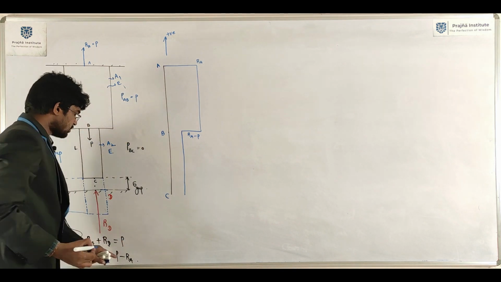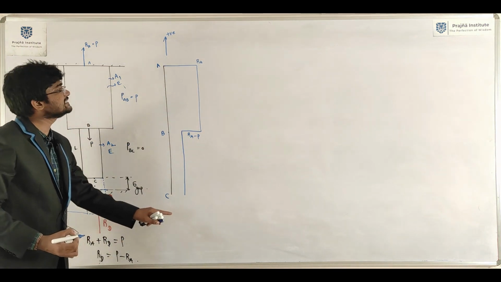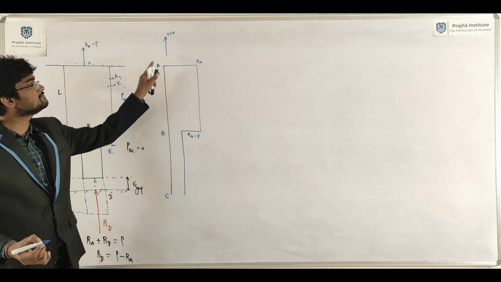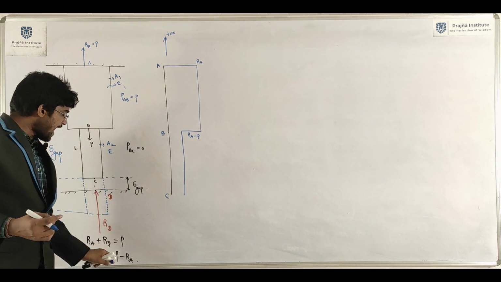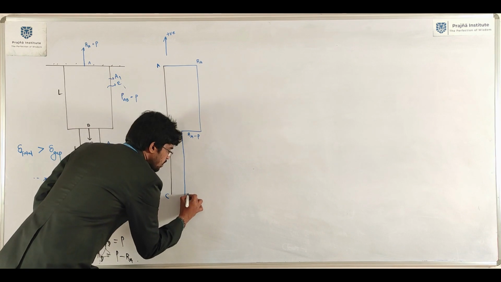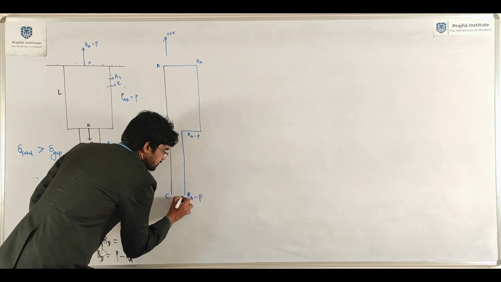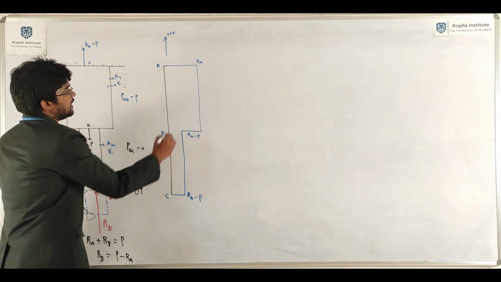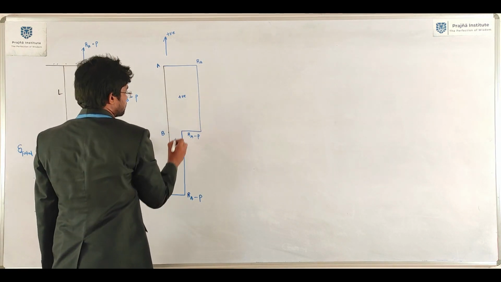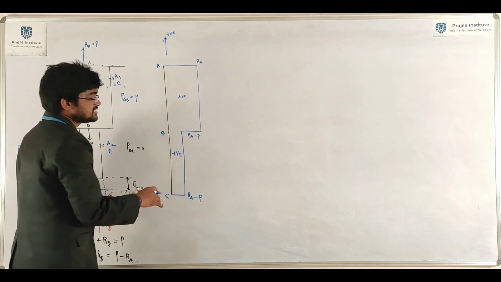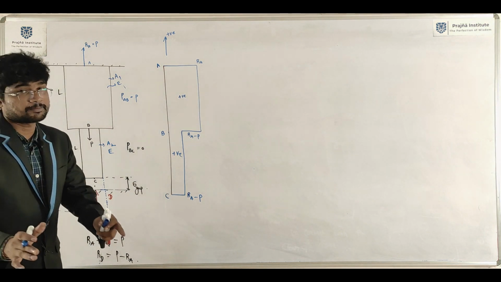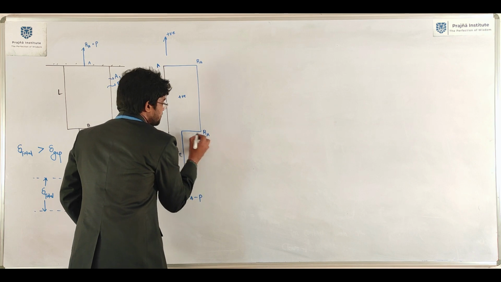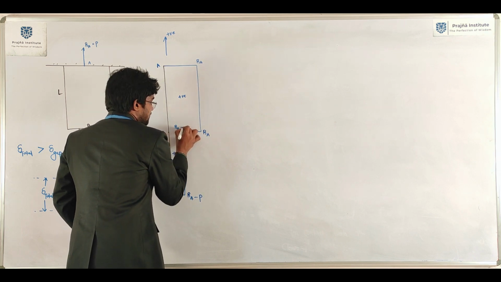Now I am here, both are acting in the same direction, means we need to add P minus RA to RA minus P. Just add it, you will get 0. Of course, initially we need to assume all the loads are positive. So here it is RA, here it is RA minus P.